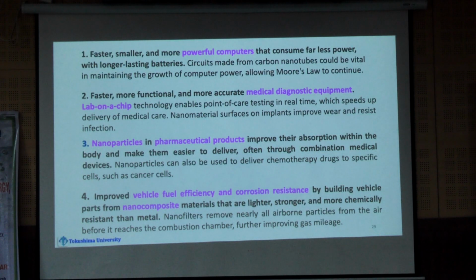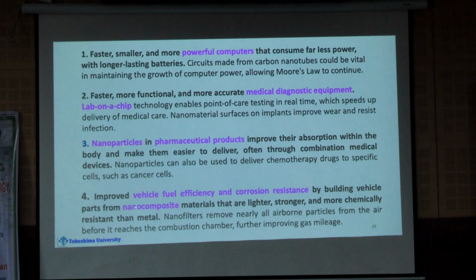So it is expected that this nanoparticle can be used for drugs or tablets, and those tablets can be given to the patients.